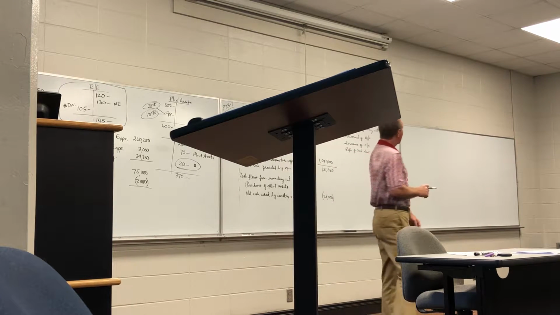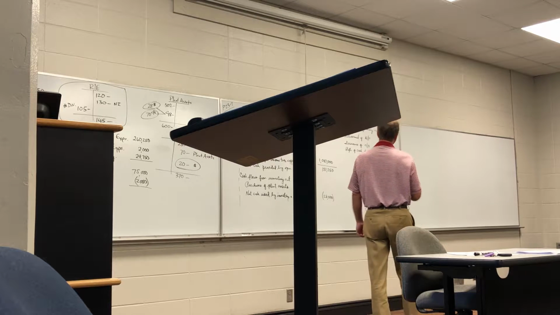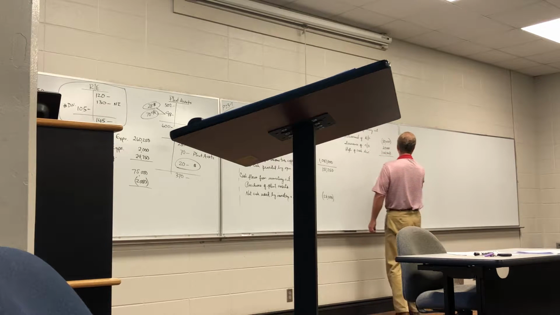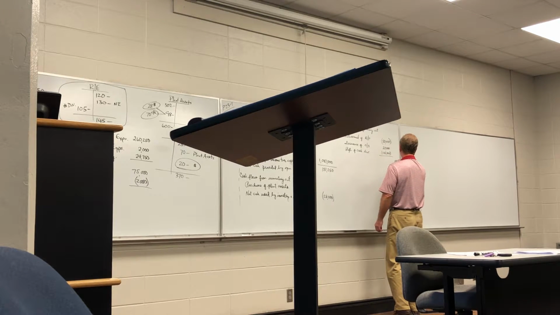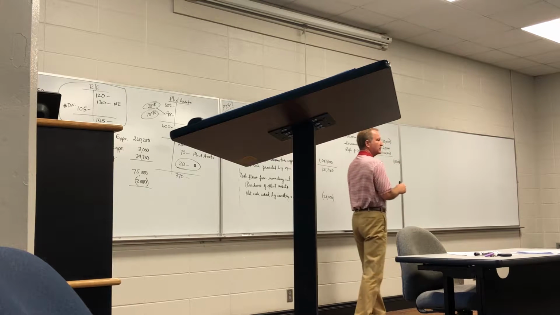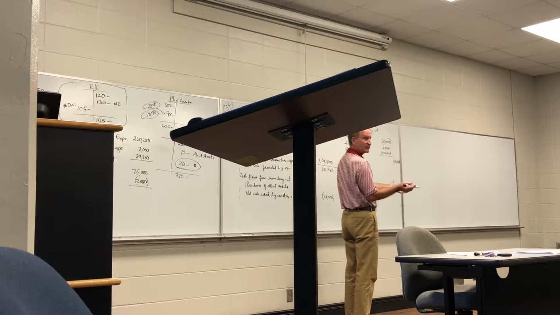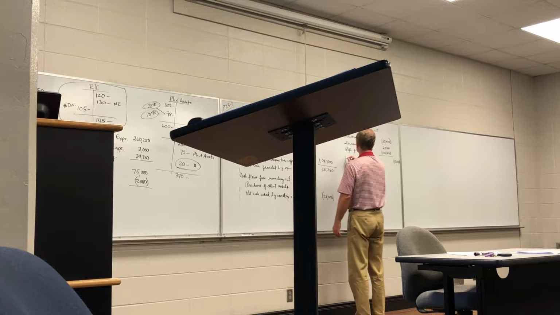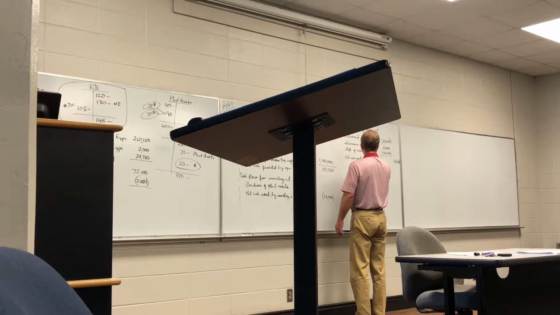So 105 plus 30 is 135, it's a negative 115. So what are we gonna call it? And we gotta put that on a line by itself, because we gotta label it. Net cash used by financing activities.